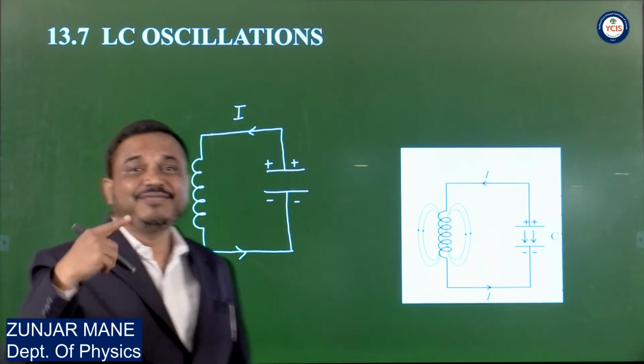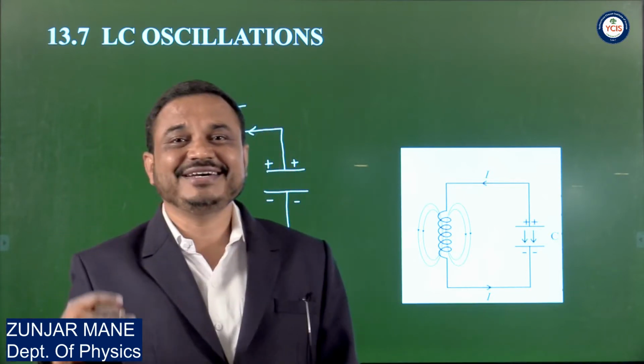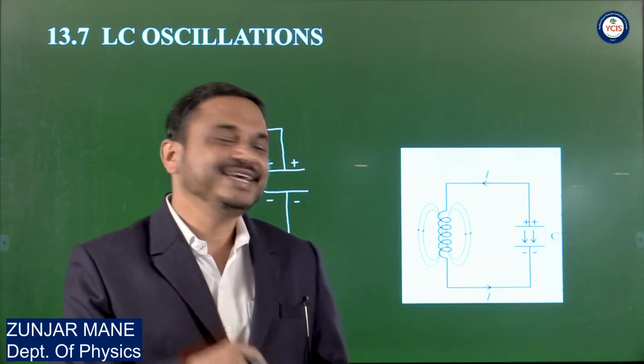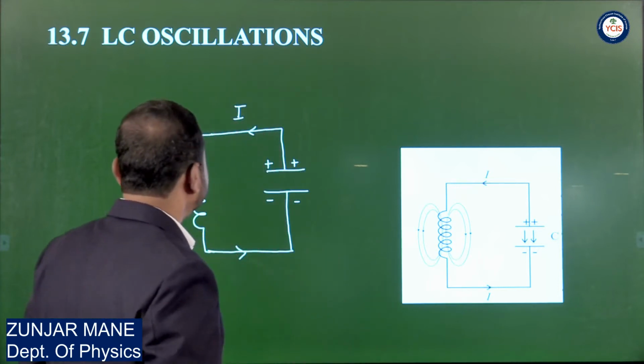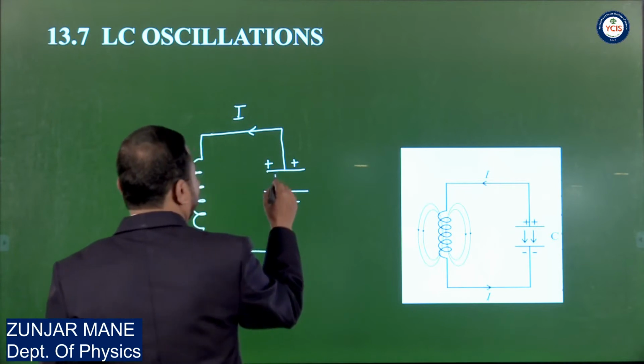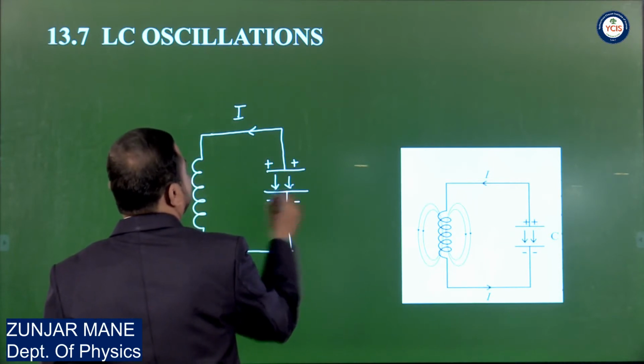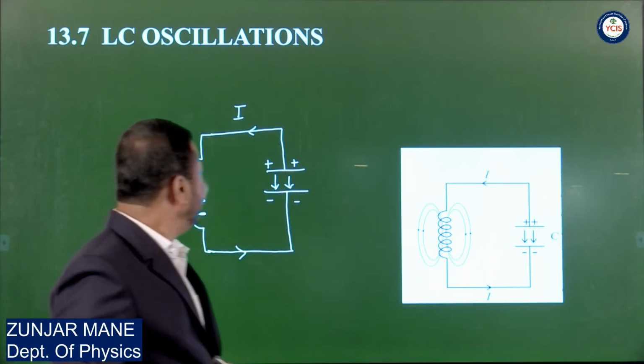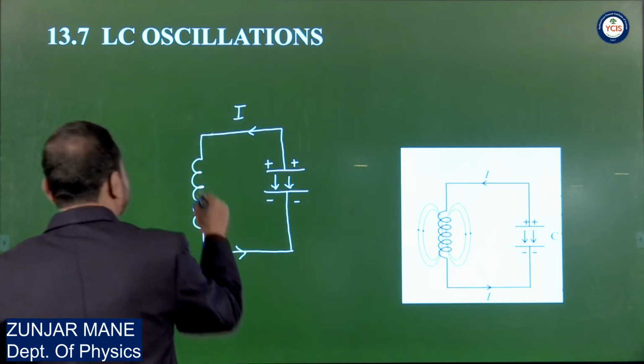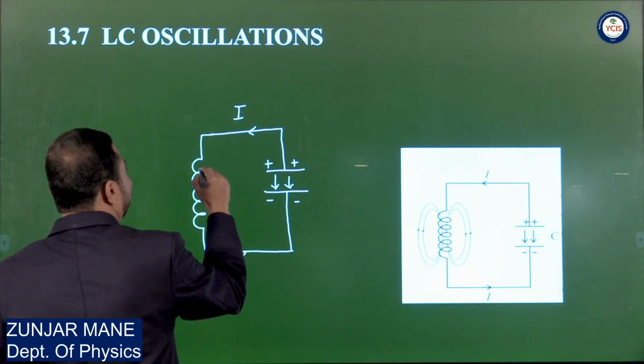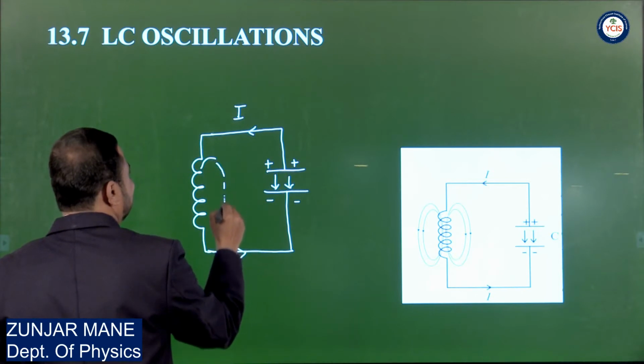The magnetic flux linked with the inductor goes on increasing, and some energy is developed across the inductor in the form of magnetic field energy.